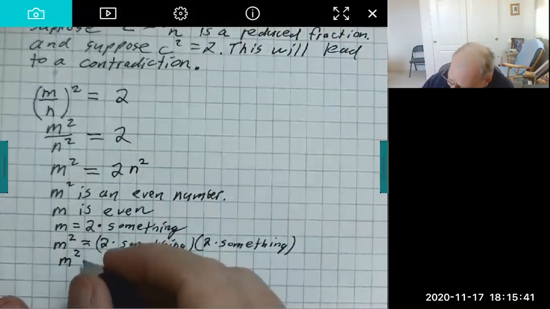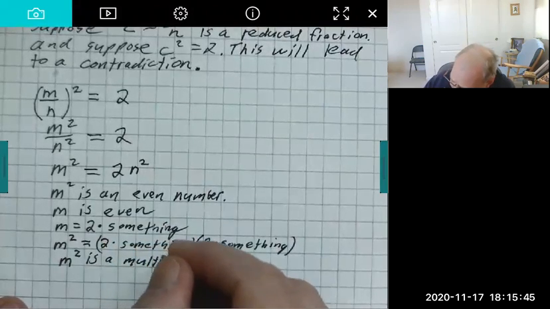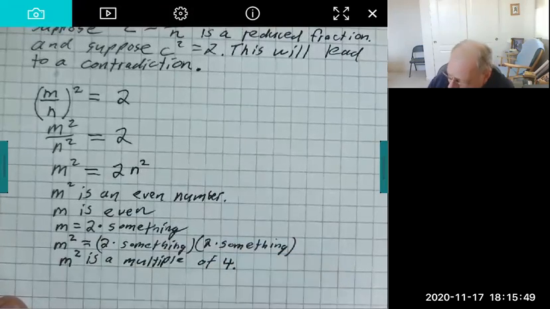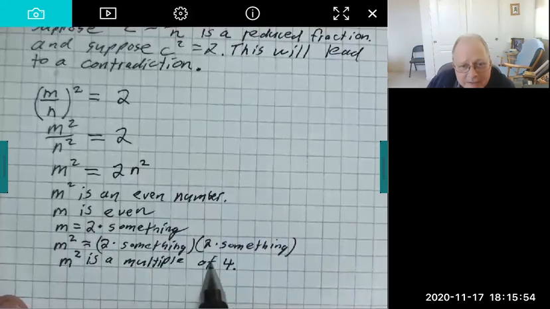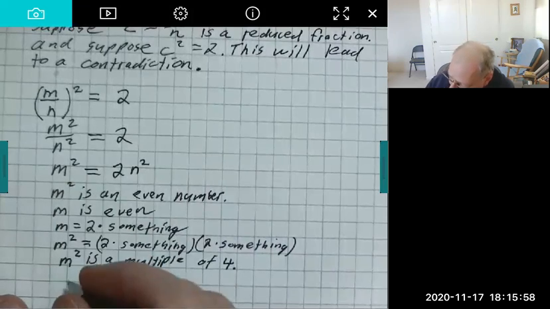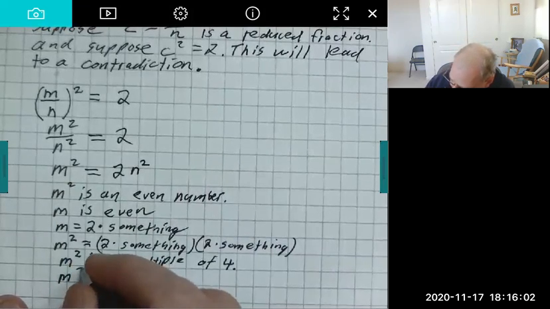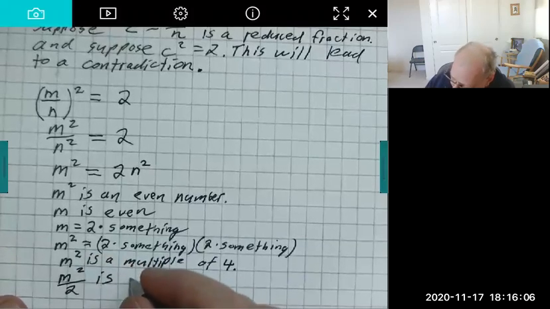But see, if m squared is a multiple of 4, then half of m squared is a multiple of 2.